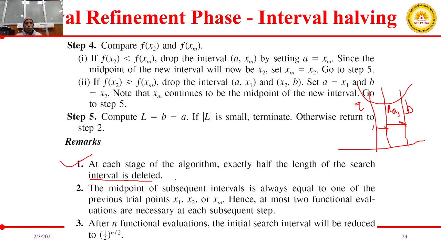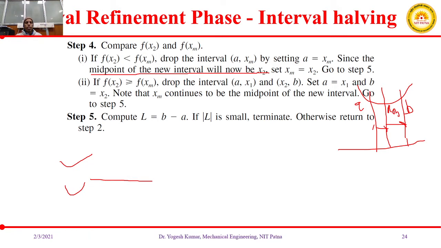Okay, so another condition, the midpoint of your subsequent interval is always equal to one of the previous trial points. We are talking about this property. The midpoint of your new interval will now be x2.